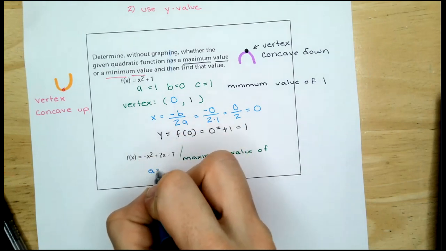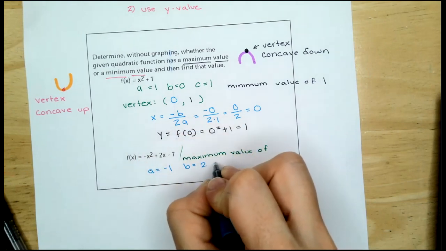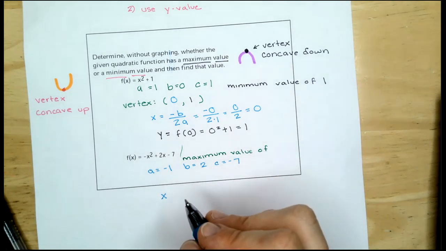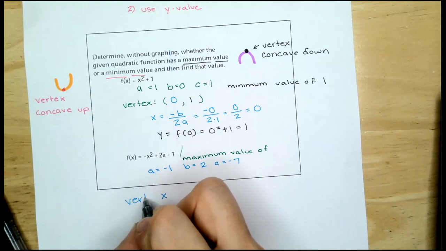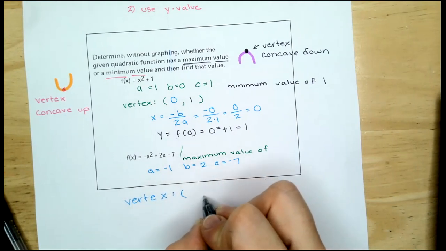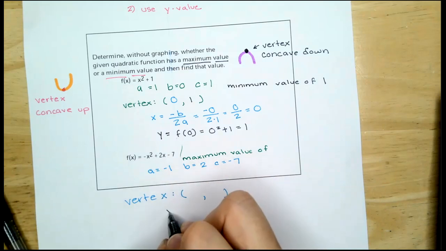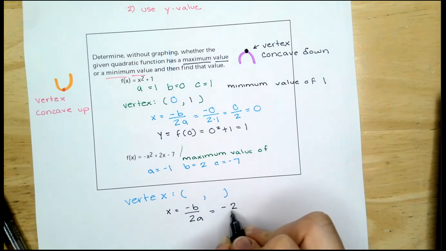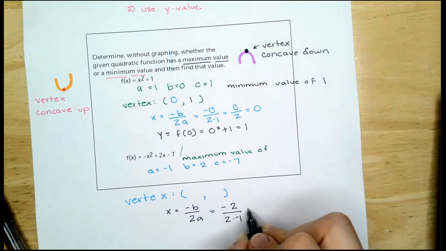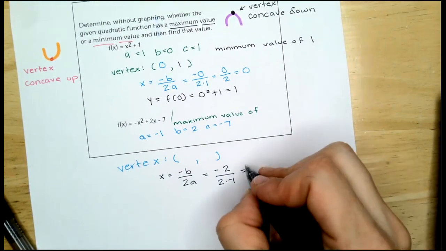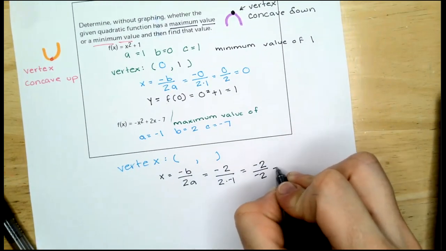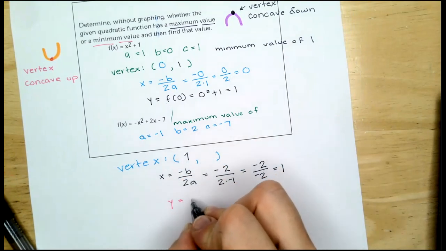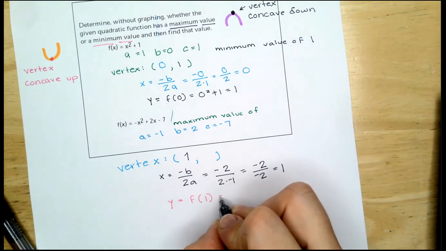So we know that A is -1, B is 2, and C is -7, and that my x value of my vertex x is negative b over 2 times a, which is -2 over 2 times -1. -2 divided by -2, which is 1.